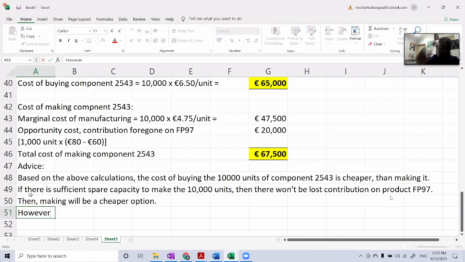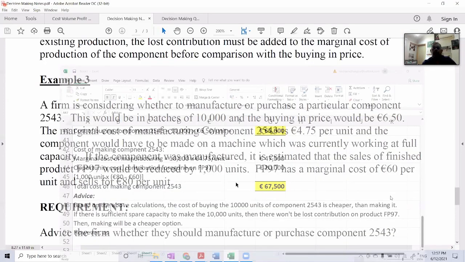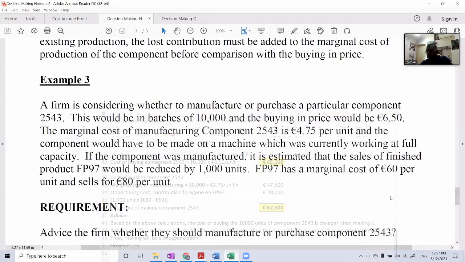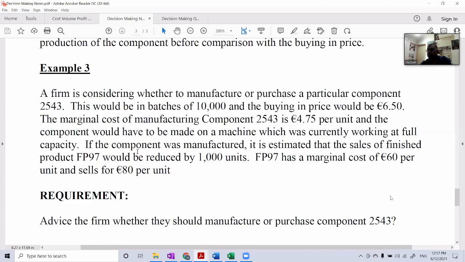However, if you read the question again, all right, the machine is working at full capacity and 1,000 units will have to be reduced.